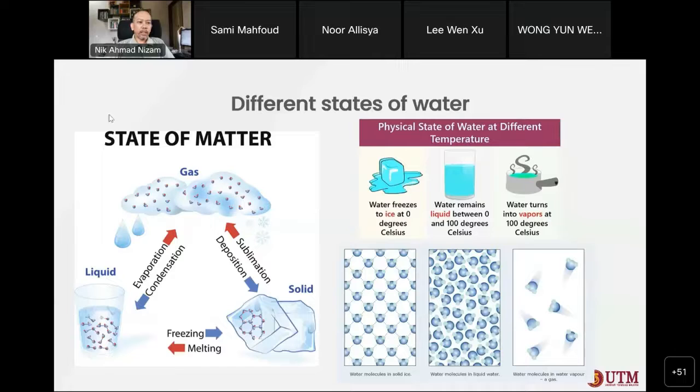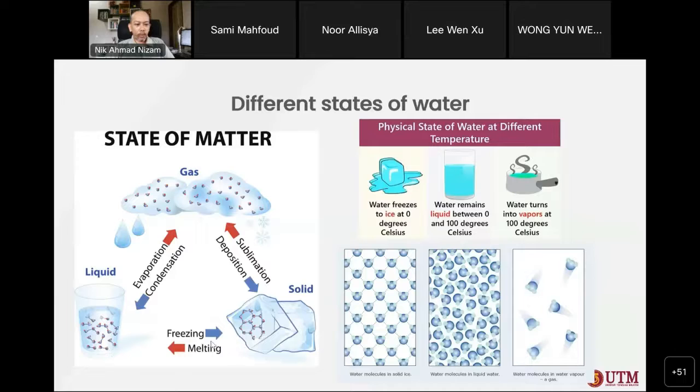Because of the hydrogen bonding, we know that there are different states of water, either in the form of gas, solid, and also liquid. Liquid to gas is evaporation. The term is evaporation. Liquid turning to solid is freezing.